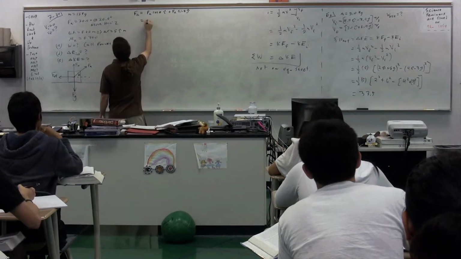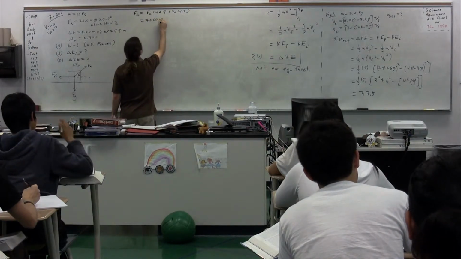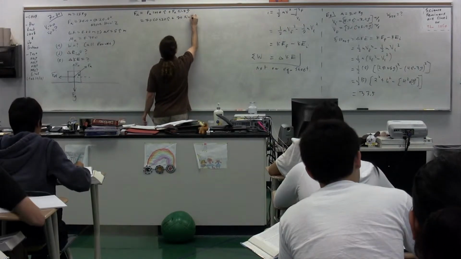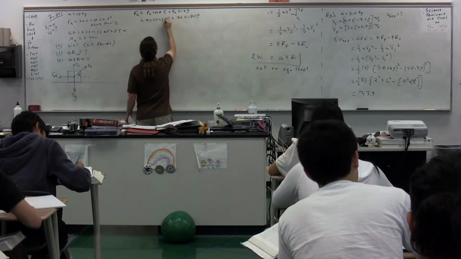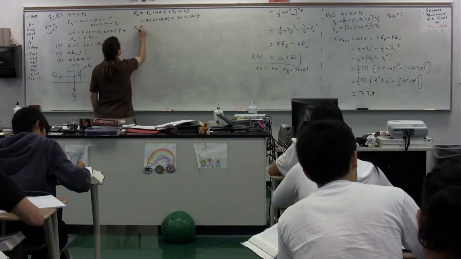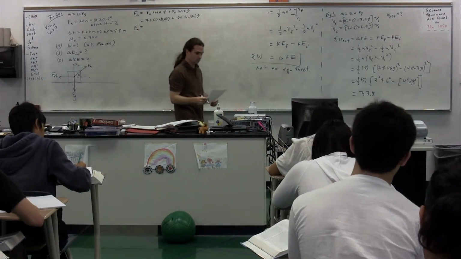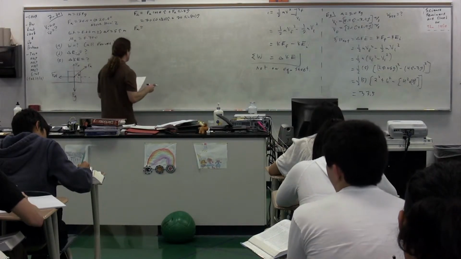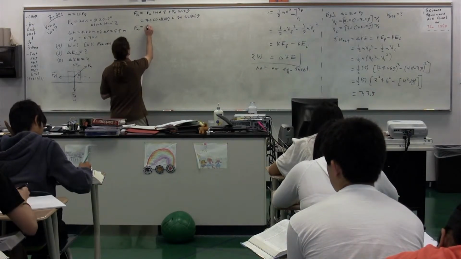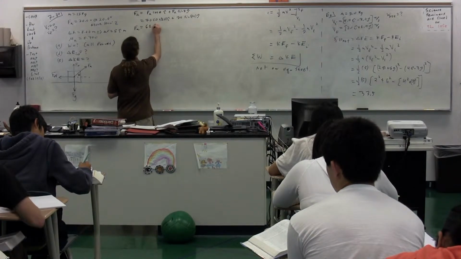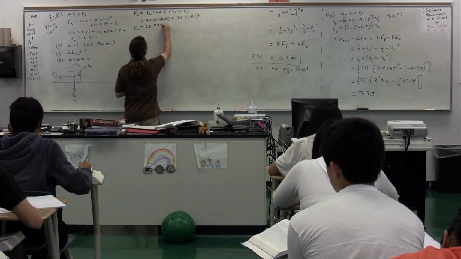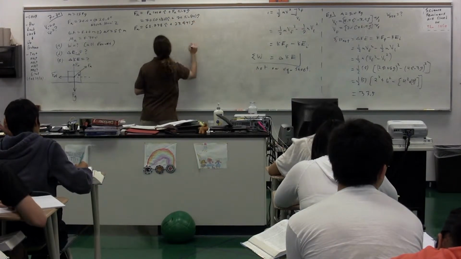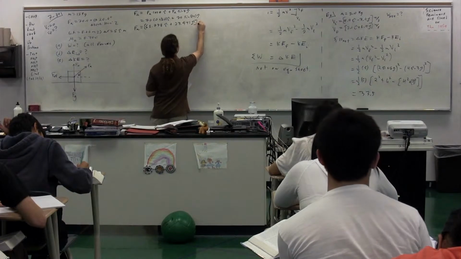Great. Force applied is 70 cosine of 20 i plus 70 sine of 20 j. Could I please have these numbers? Great, so we now have the force applied in newtons.